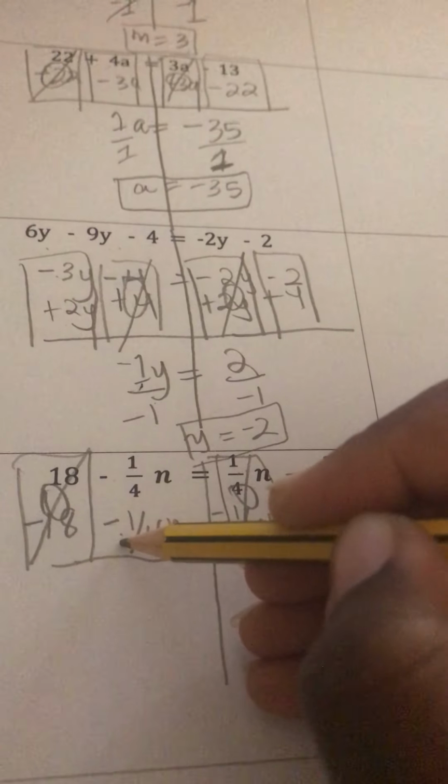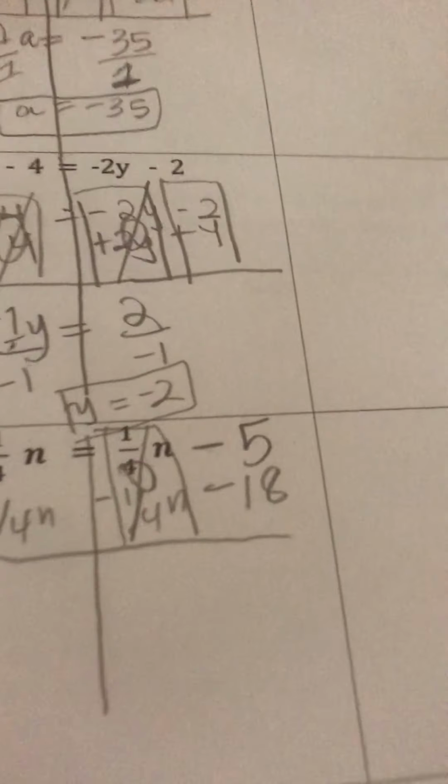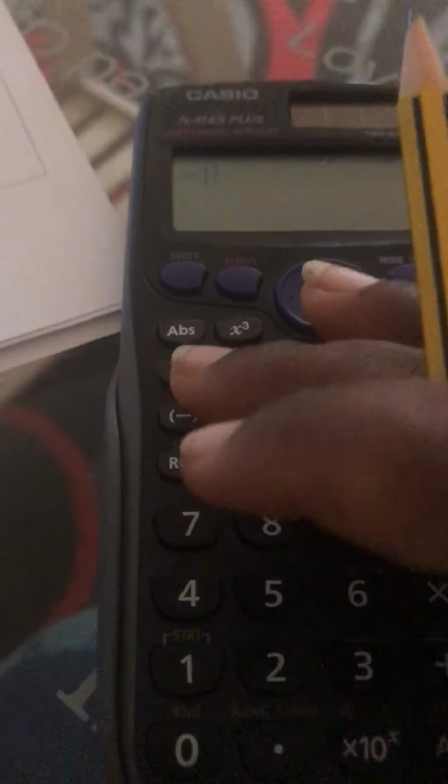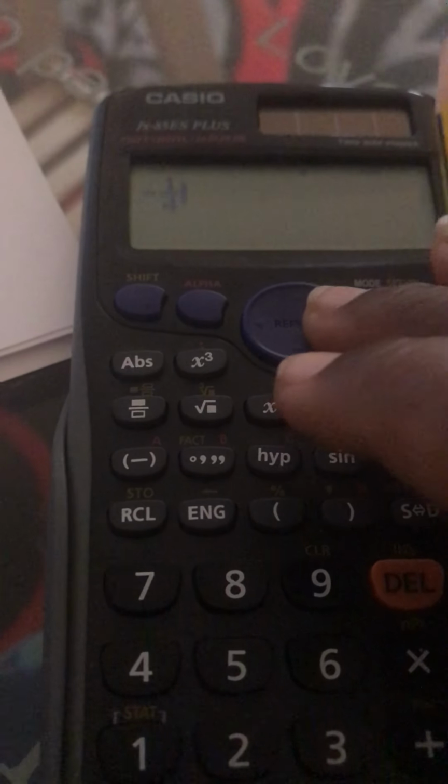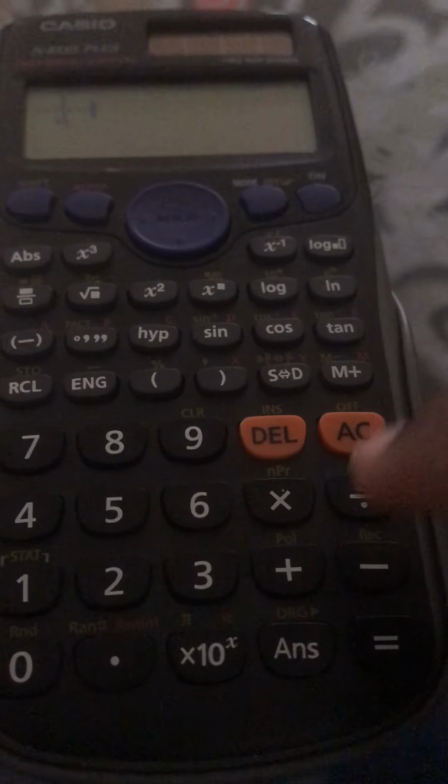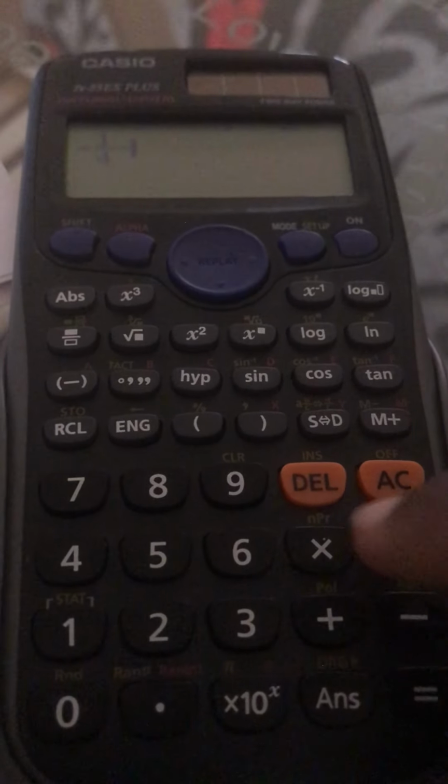A quarter minus a quarter, that should be a half. So negative 1 out of 4 minus 1 out of 4.